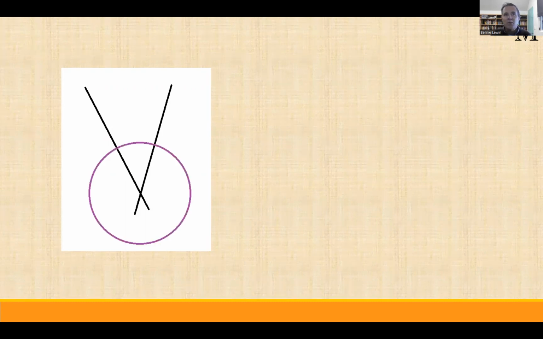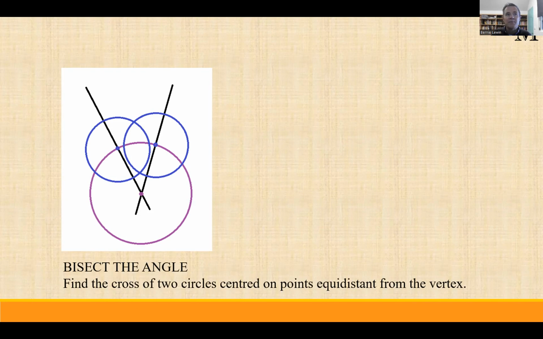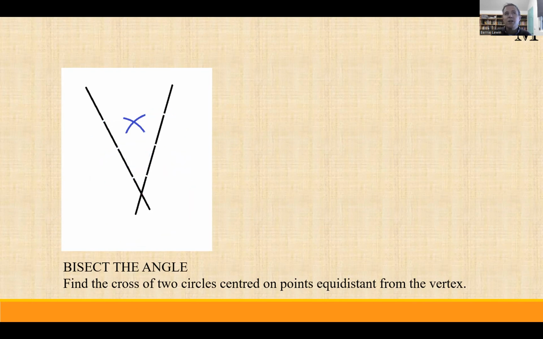So remember, you find a point on each of the lines equidistant from the vertex, and then draw circles of the same radius at those points. Find the cross of the two circles, and that will guide you to the bisection of the angle.